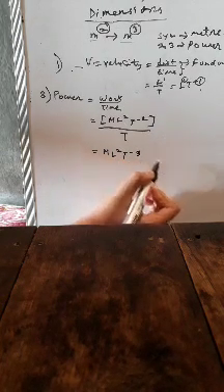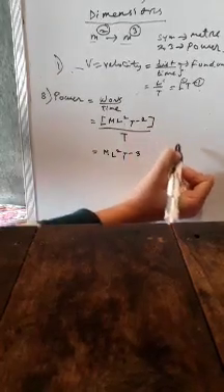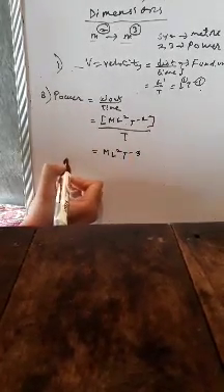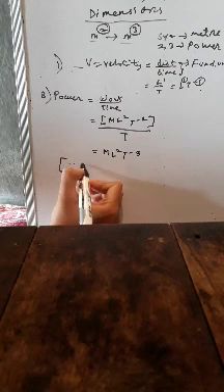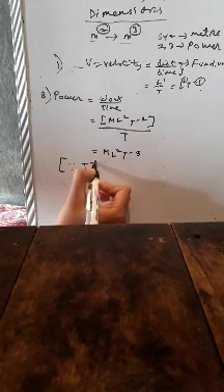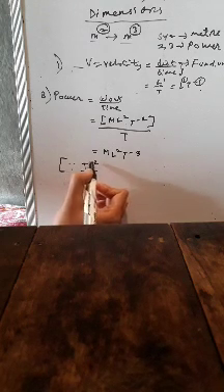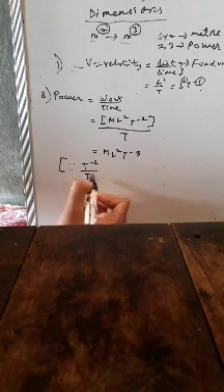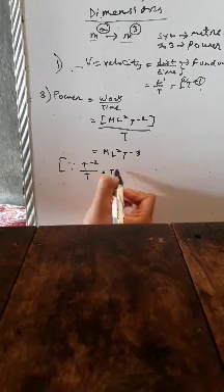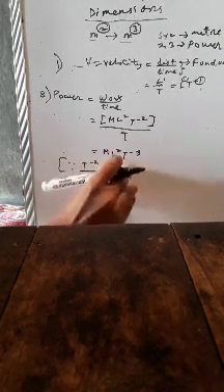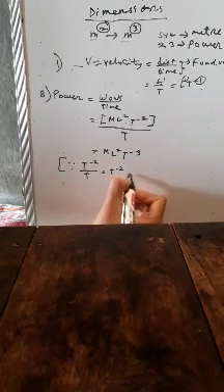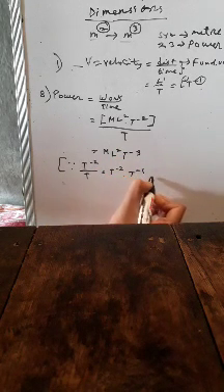minus 3. Why? Because see, in the previous step you had, I am writing it here. I am writing the case of only T here just to make you understand. In the numerator you had T to the power minus 2 and the denominator just T. So when this T will move up, it will be minus 1.